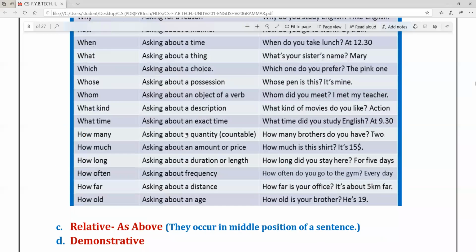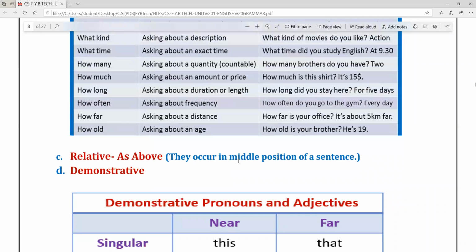Okay, for example, the college which got the NAAC accreditation is excellent. तर which हा जो वर्ड आहे आपण कुठे वापरला तर मिडल पोझिशनला वापरलाय.